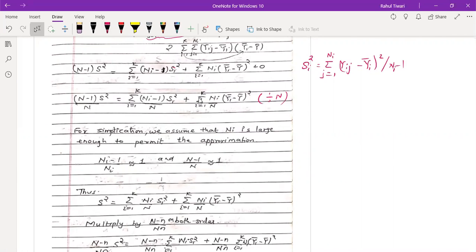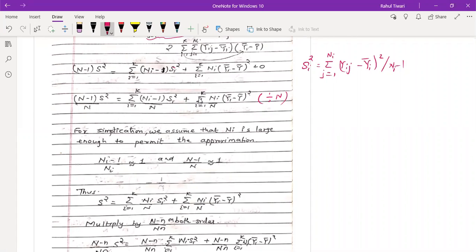Okay, so if you are dividing throughout by n, now there is one understanding part here. If Ni is large, so Ni minus 1 upon Ni is approximated to 1, and n minus 1 upon n is also approximated to 1. This is a very small concept.